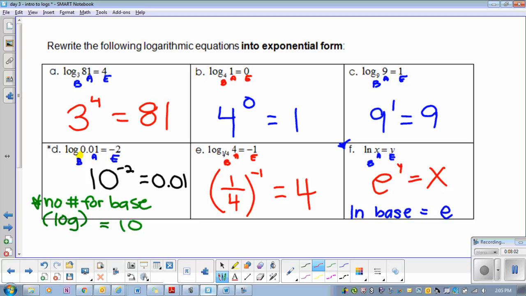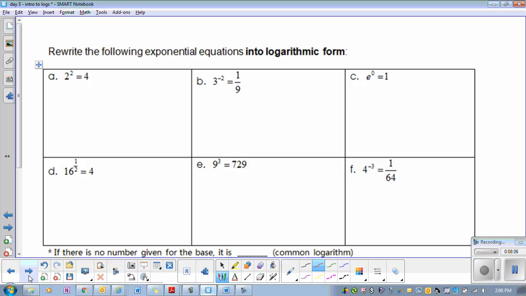All right, so let's try the next one then. How about if we go from an exponential to a log form? Well, when you're going to a log form, I want you to write this somewhere. Log base answer equals exponent, right? Because that's the setup.